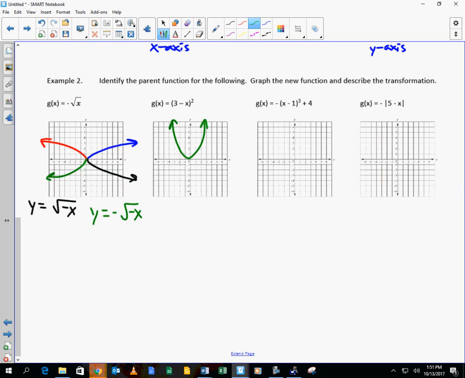So here's how I handle it if I see a negative on the inside. What would you plug in to make 0? 3. So it's going to move right 3. When you square this out, is it going to be a positive x squared or a negative x squared? So we'll go up, right? There you go.